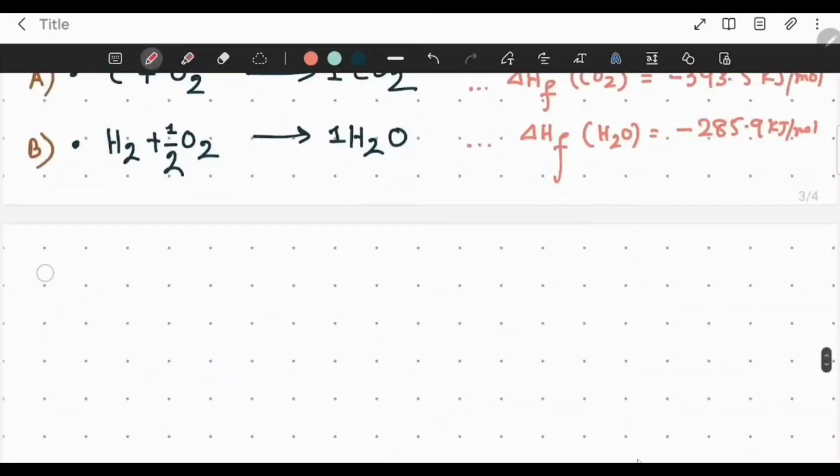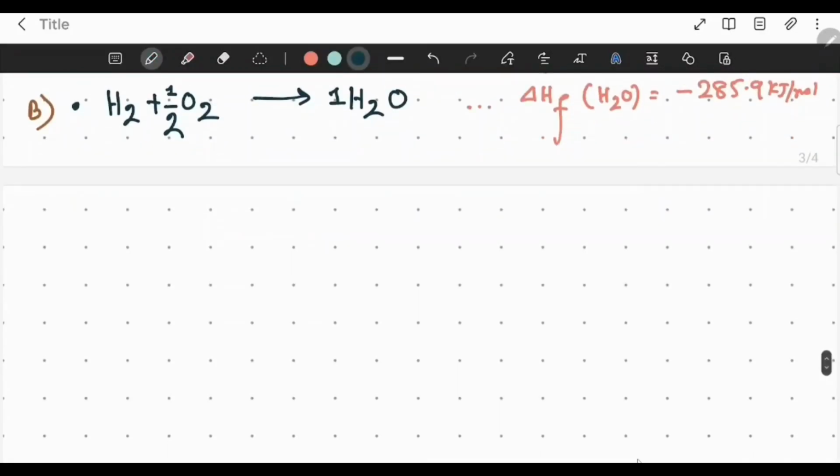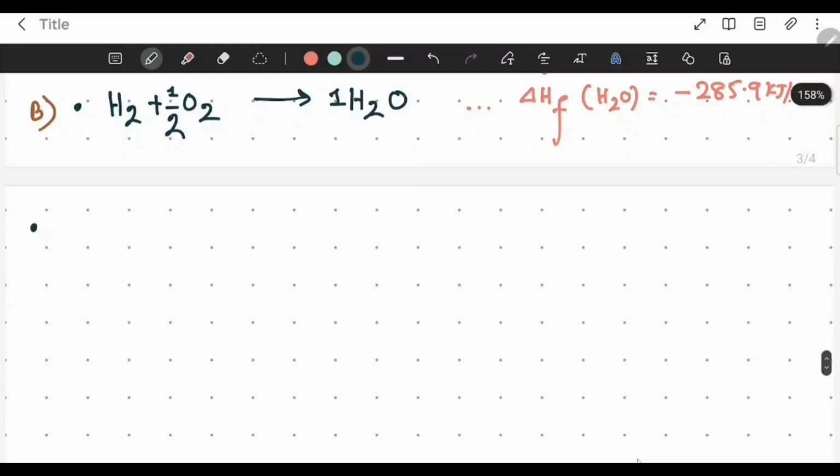Okay, so we have to find out, these are given. That's why I was finding the question. What is the question? Okay, now we have to find out this one.